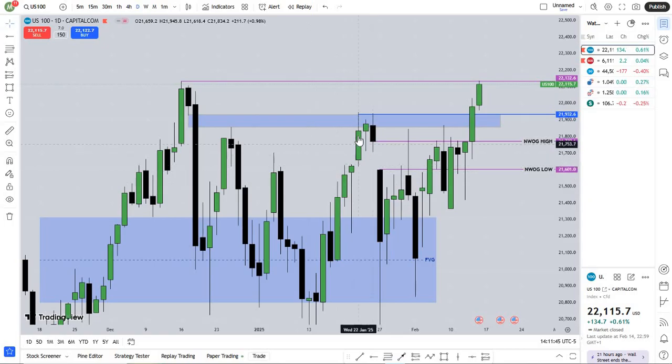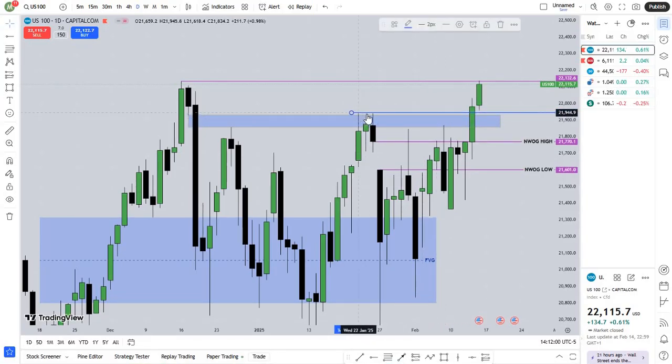So if you can remember, in my last video I was talking about the possibility of us getting to this buy side liquidity around 21,932.6. Although I didn't anchor it well, I was looking at these equal highs here, so that was why I called that price level.